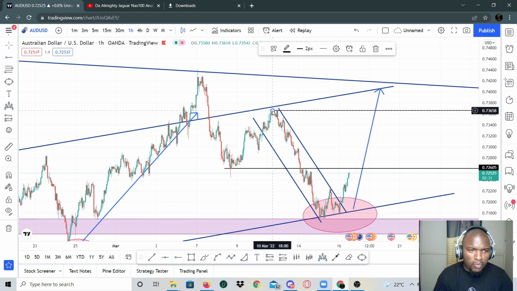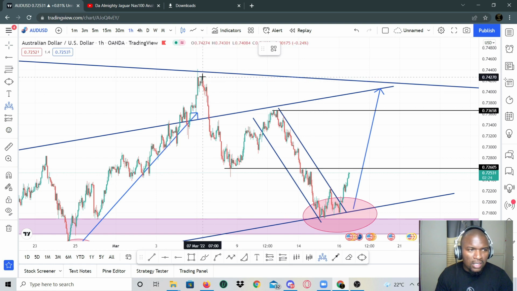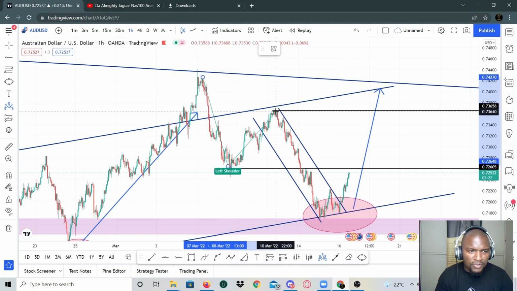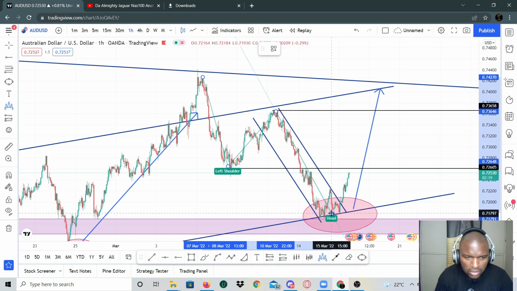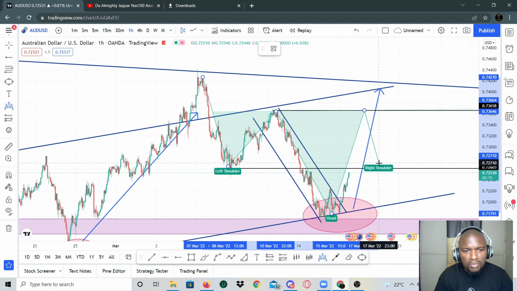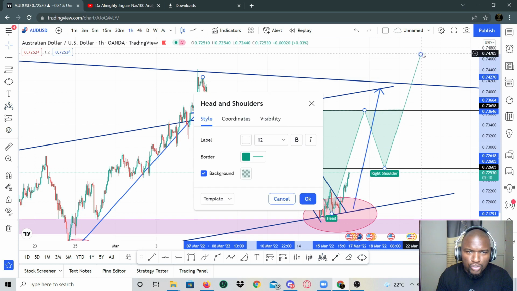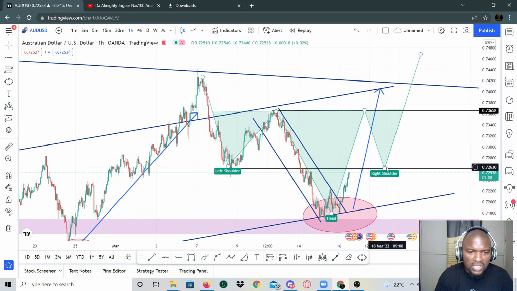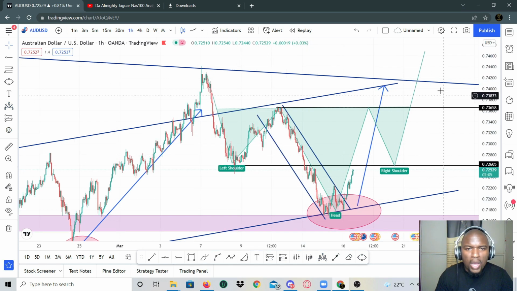Because if you mark right here, you're going to be able to see that AUD USD has given us this possible left shoulder already, and this also we're going to treat as a head, and also a possible coming right shoulder on these levels to continue and give us that possible long-term buys once it breaks this channel right here. So this is our analysis on AUD USD.